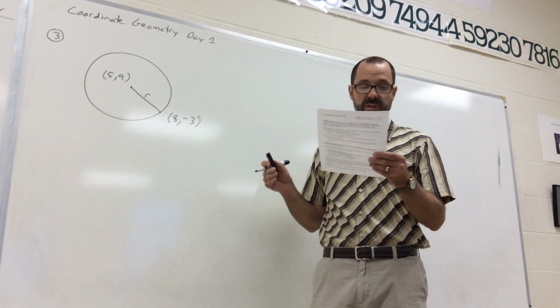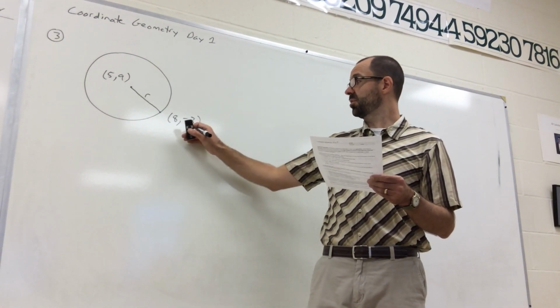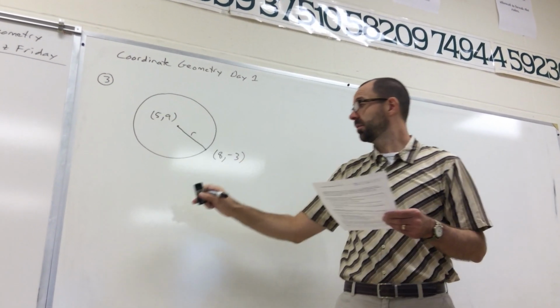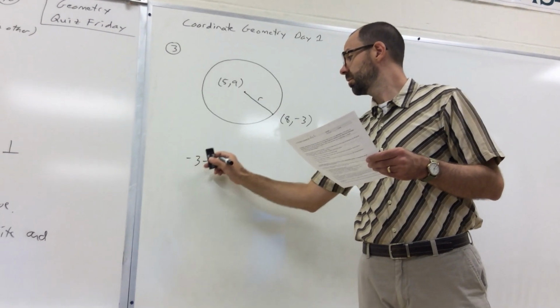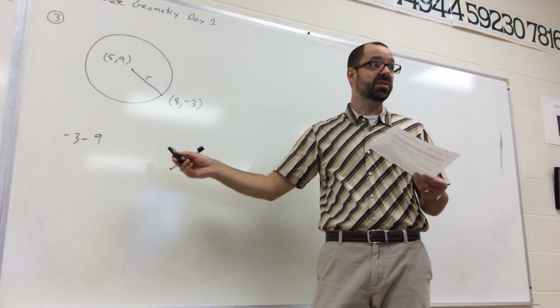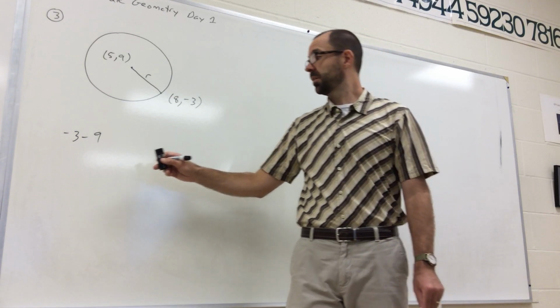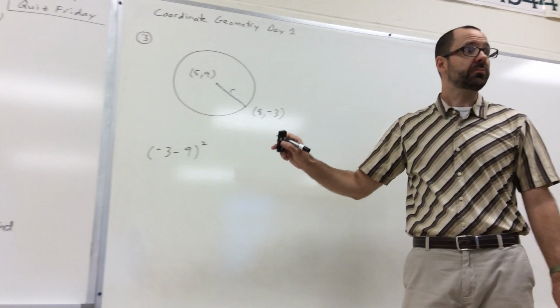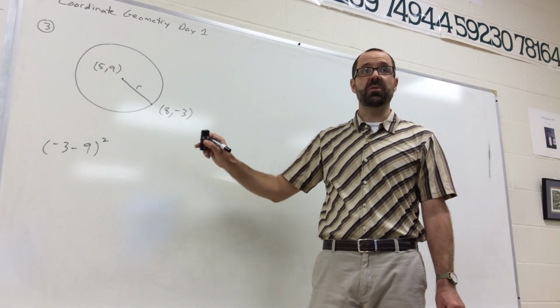Okay, so the distance formula is y2 minus y1, so negative 3 minus 9. So with distance formula, you subtract and then square. And same thing with the x's.